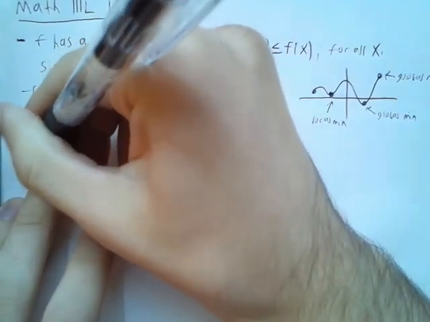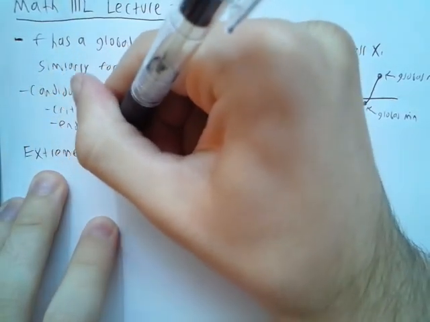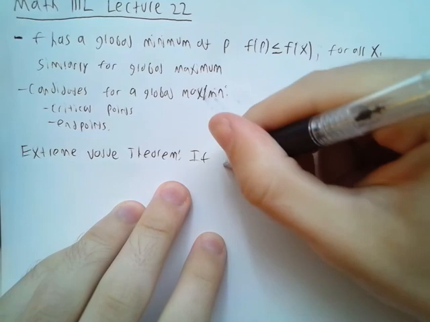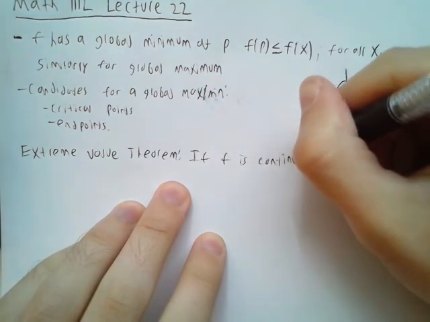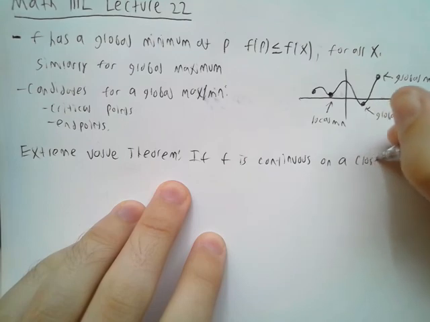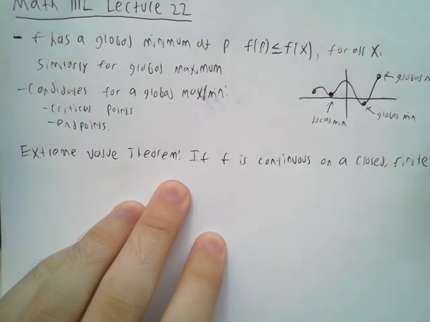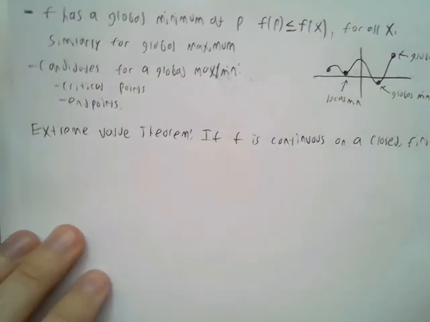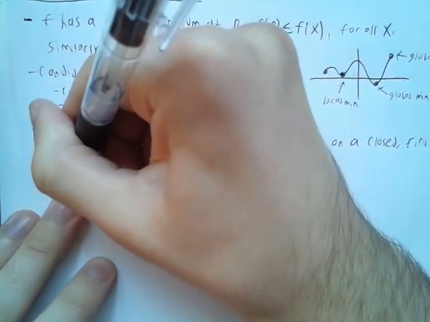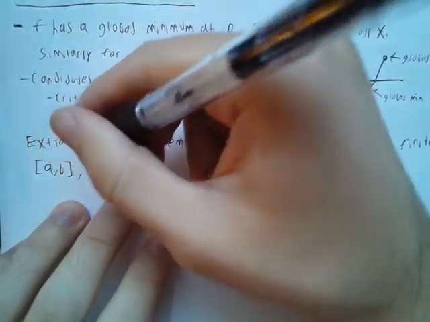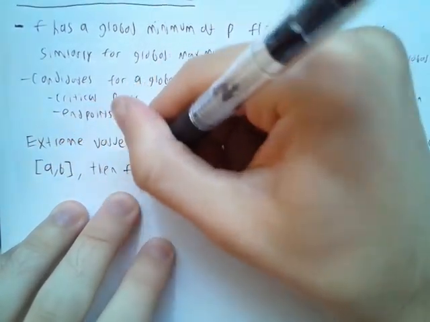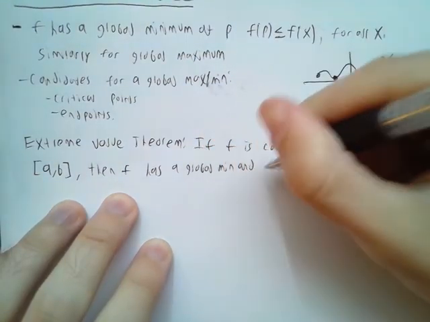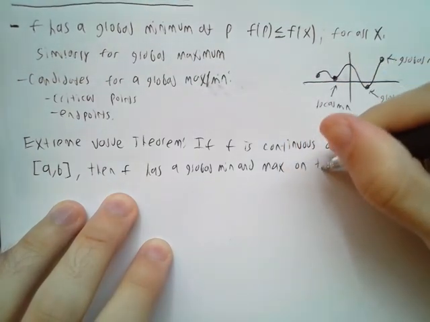There's a theorem called the extreme value theorem, which says that if f is continuous on a closed finite interval from a to b, then f has a global min and a global max on that interval.